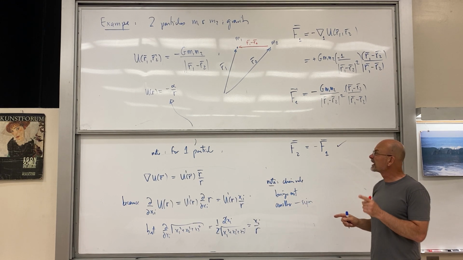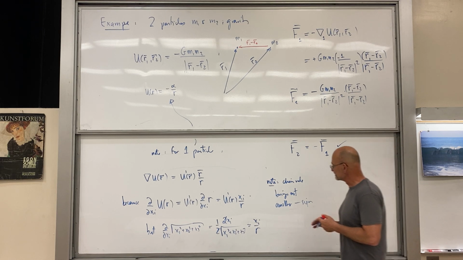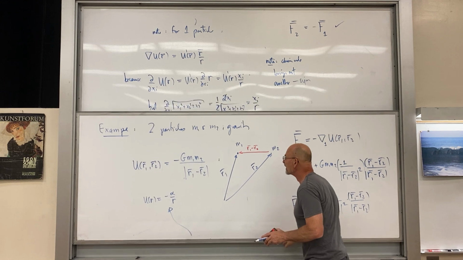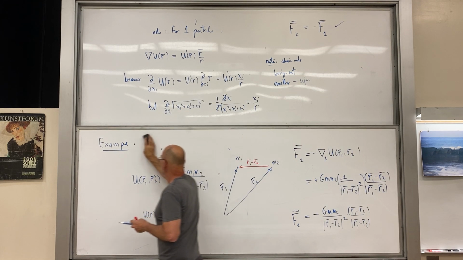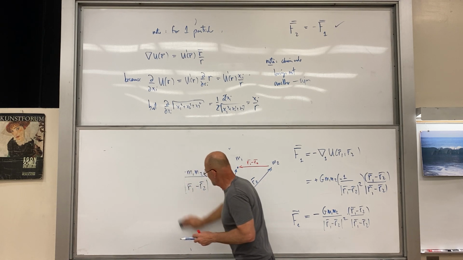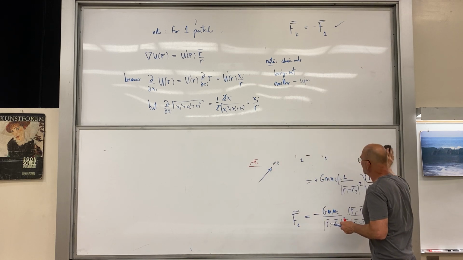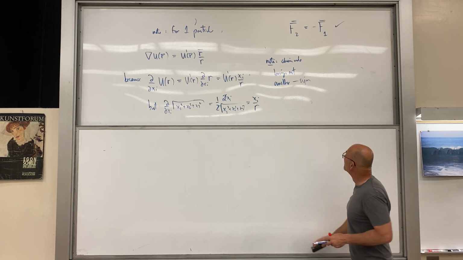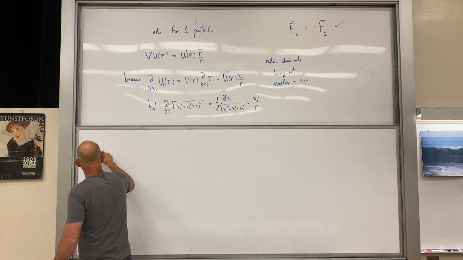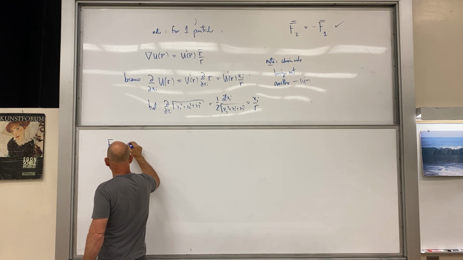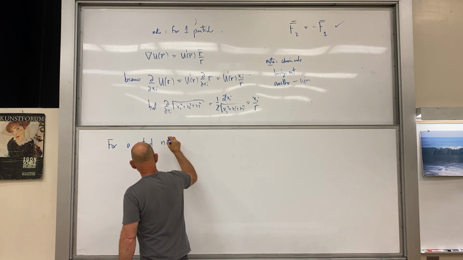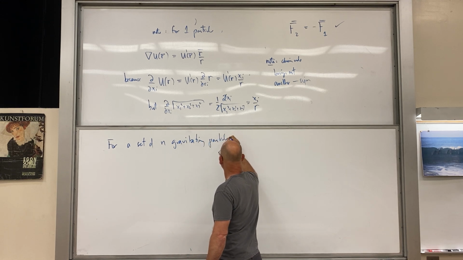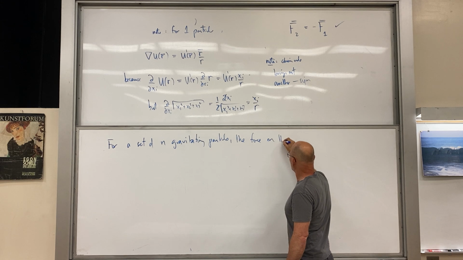Okay, so that was 2 particles. Let's see if we can set up n particles. Now let's write down, for a set of n gravitating particles, the force on the ith particle.